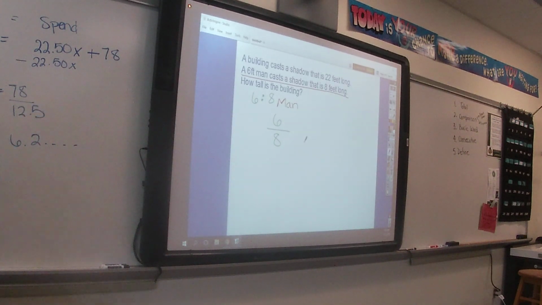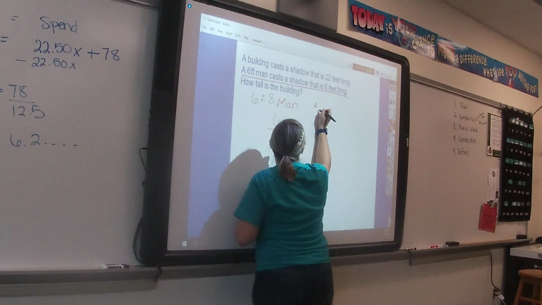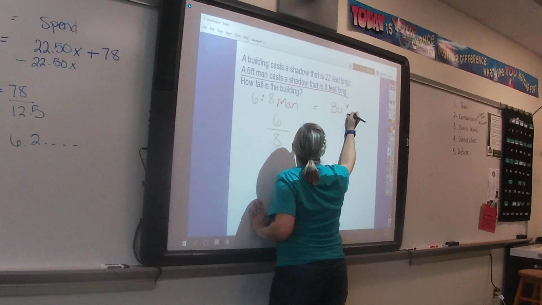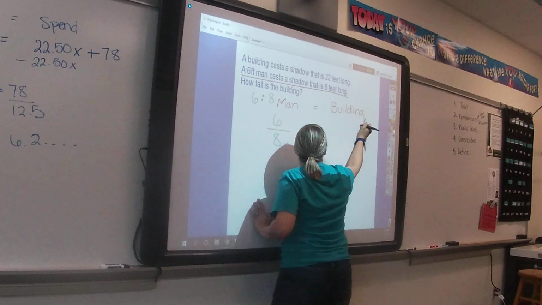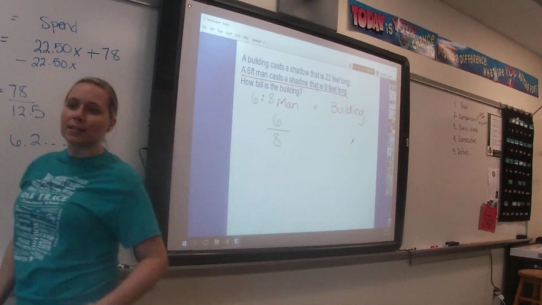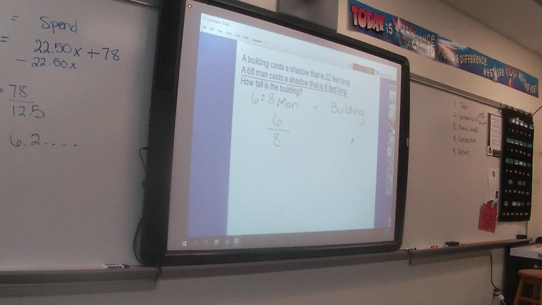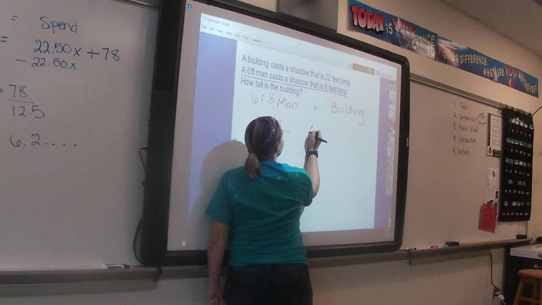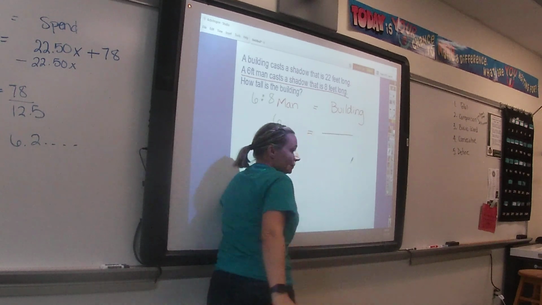And we are going to compare that to info that pertains to the building, right? Comparison says option 1 versus option 2. In this case, option 1 is the man's info, and option 2 is the building's info. Okay, so now I am going to compare this to the building.